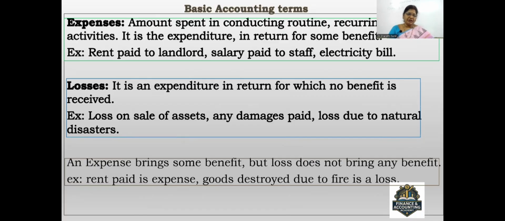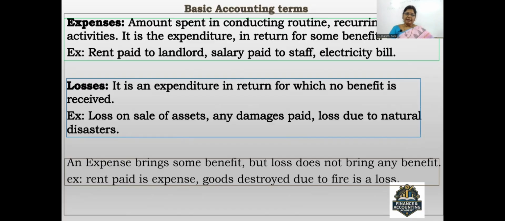Say, for example, you purchased one car in the year 2020. But after using that car for 5 years, when you are selling that asset, you are getting a loss. Means after deducting the depreciation also, whatever amount is remaining, that amount also we are not getting, right? So that is called loss.